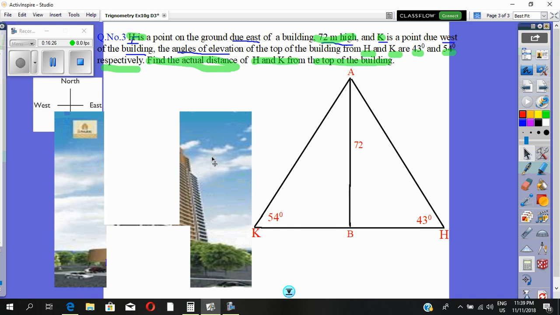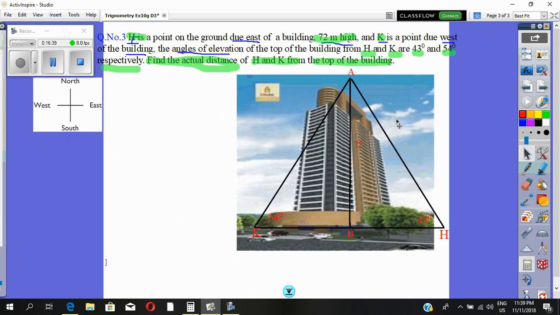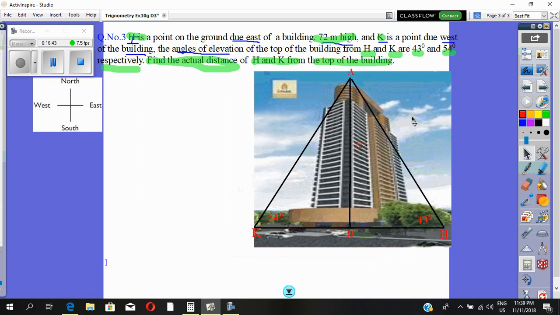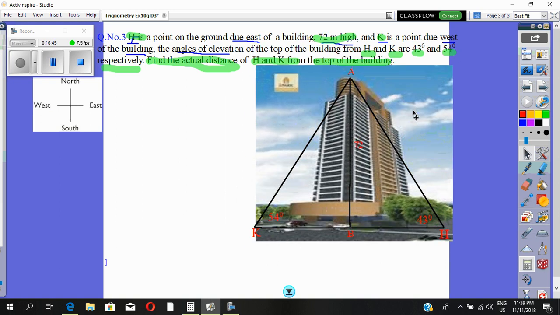We're supposed to find the value from A to K and from A to H. We have the common vertical height, and we use the trigonometric ratios.